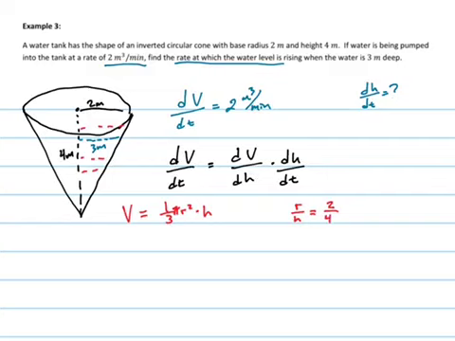So, in other words, the radius is equal to half the height. So we can substitute that into our volume equation to eliminate that radius as a variable.